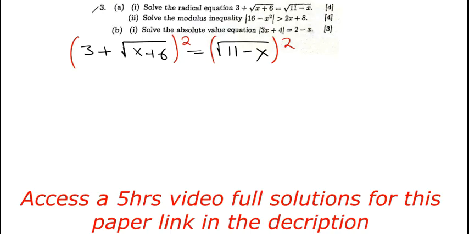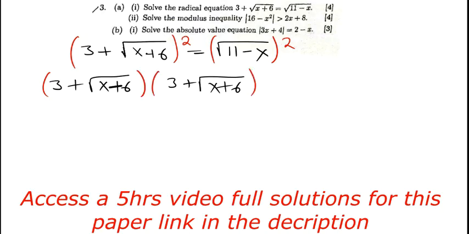So 3 plus root of x plus 6, multiplied by 3 plus root of x plus 6, all in brackets, is equal to the root of 11 minus x multiplied by the root of 11 minus x.